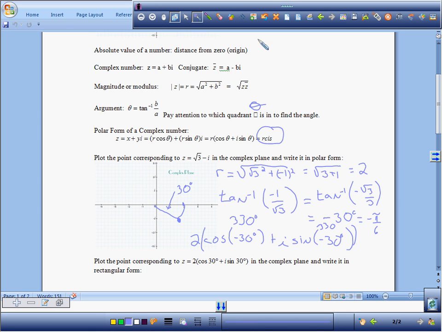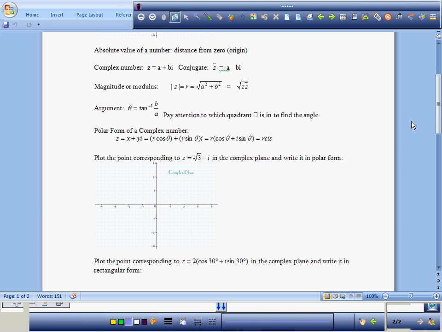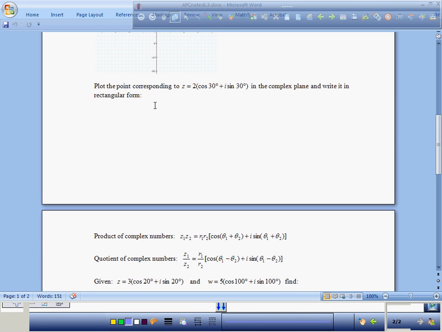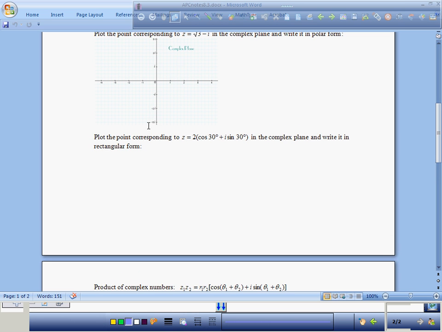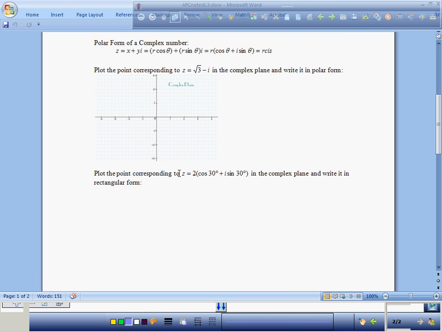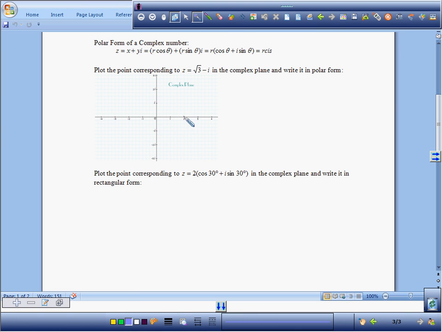Next. So now, if you're doing the next thing, can I erase this? Sure you can. So the next thing, plot the point corresponding to 2 cosine 30, i sine 30, and write it in rectangular form. So to graph this point, you're going over 2, and you're rotating through 30 degrees.